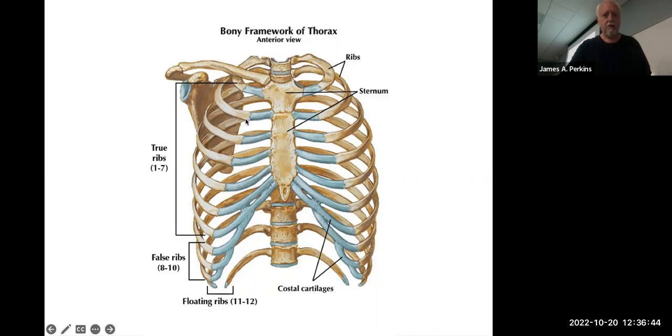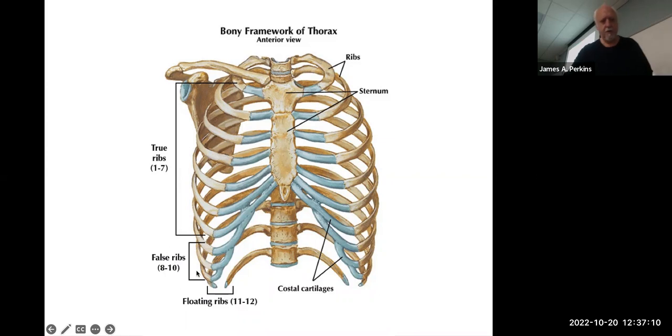It has a costal cartilage that goes from the tip of the rib directly to the sternum. And if we go all the way down to rib 7, the last of the so-called true ribs, we see the same thing. That rib wraps around towards the front and has a costal cartilage that connects the tip of the rib directly to the sternum.